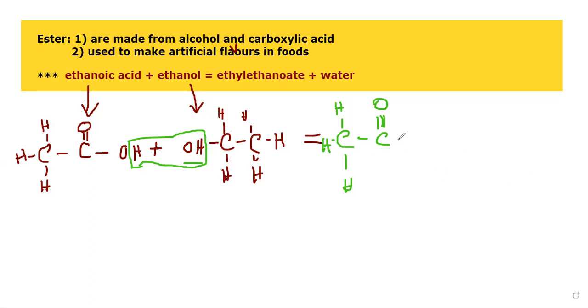Then we have O, and we don't have this part now. We are going to directly join this part. So we are joining ethanol now, that is C, H, H, H.